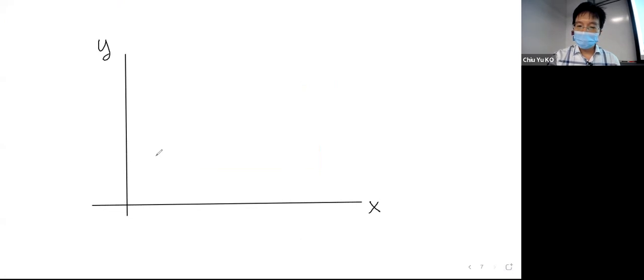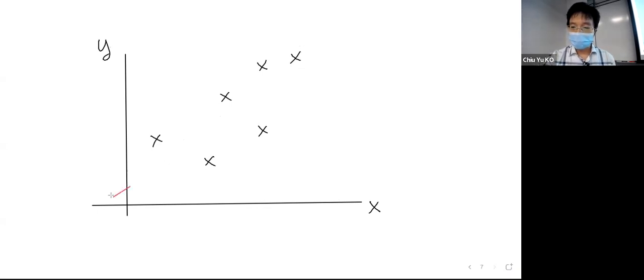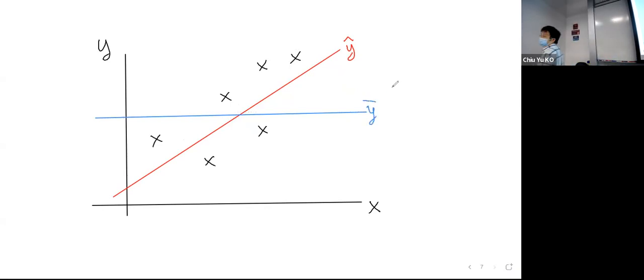Now I have a bunch of data points. This is my regression, maybe I use another color. My regression is the Y hat. And remember our raw estimate is Y bar, right? This is the naive model.